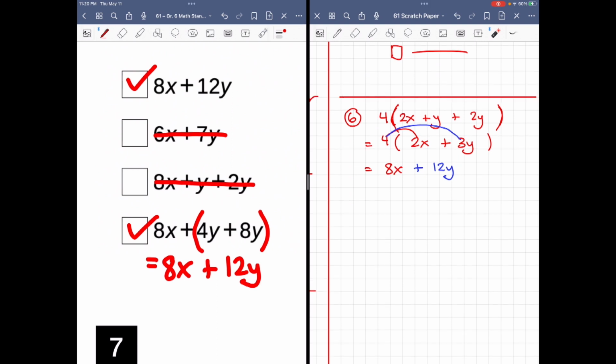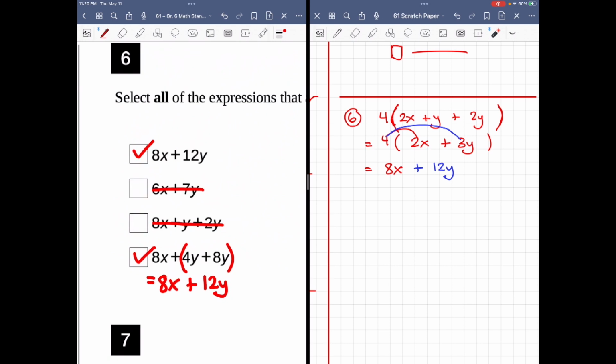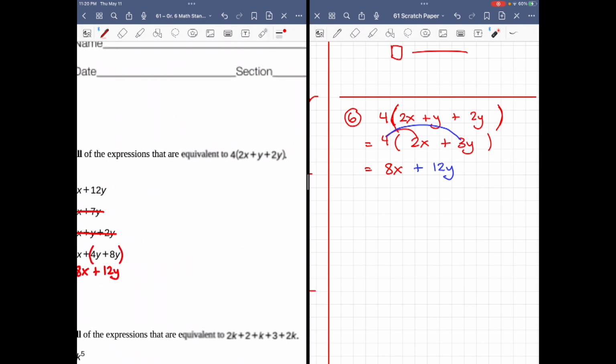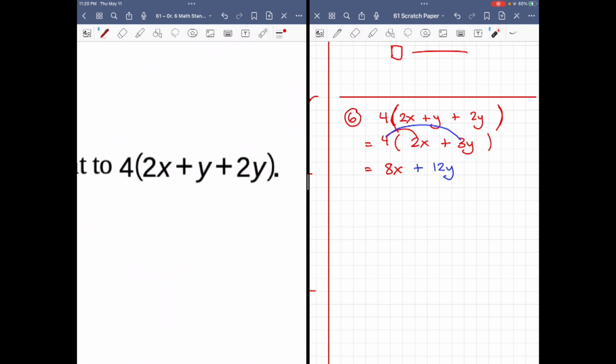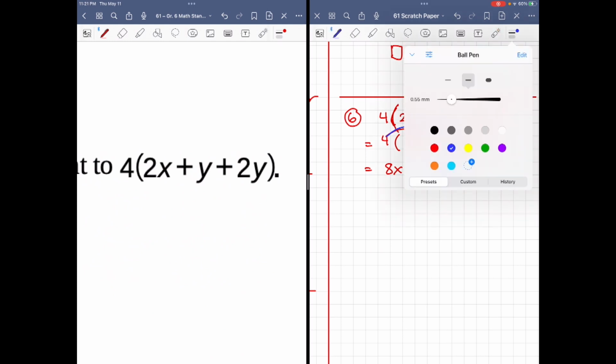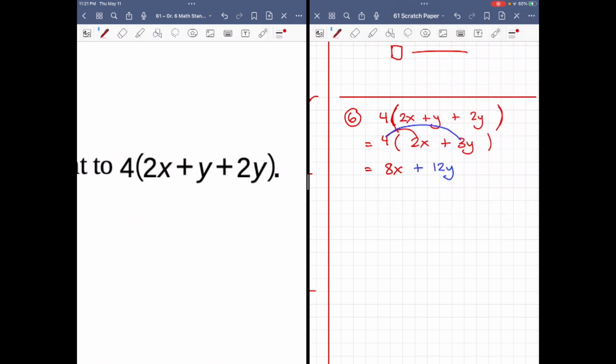Here's how we can verify that on our scratch paper as well. So on your scratch paper, go write down the original expression. We have 4 times the quantity 2 x's plus 1 y plus 2 more y's.